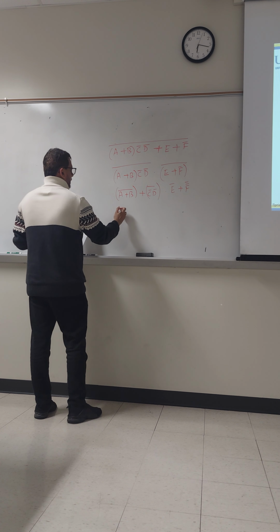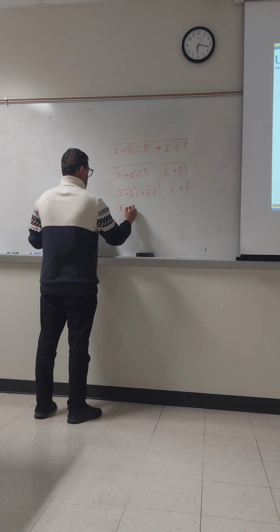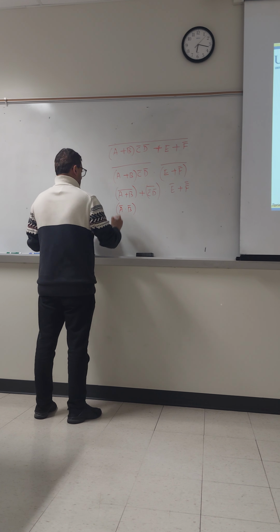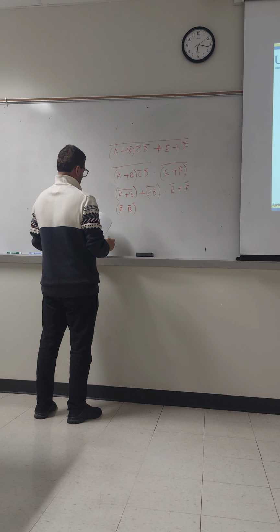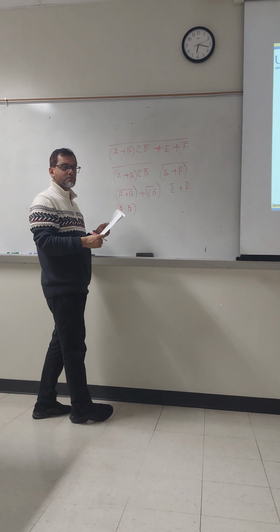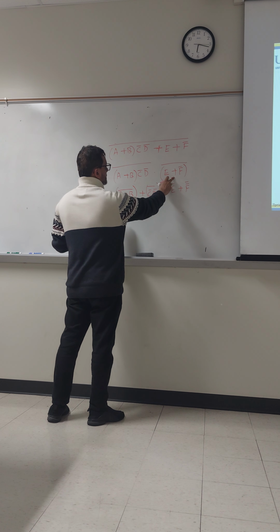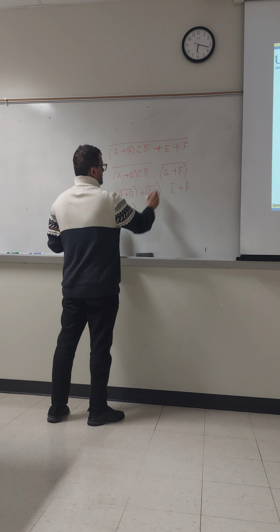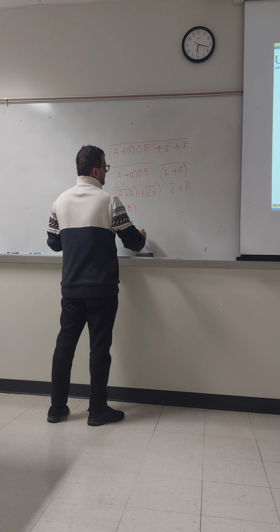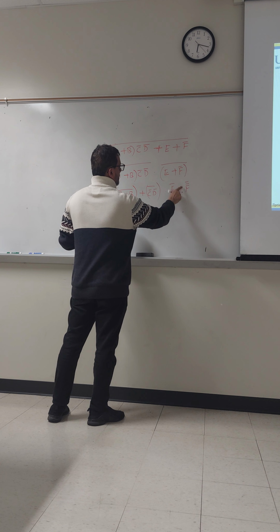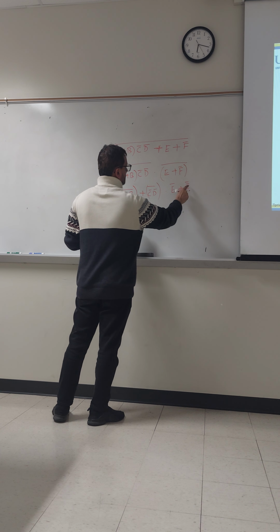The last one becomes multiplication, the dot. When you apply De Morgan's law to E plus F bar, it becomes a multiplication, so E bar dot F. That's supposed to be a multiplication.